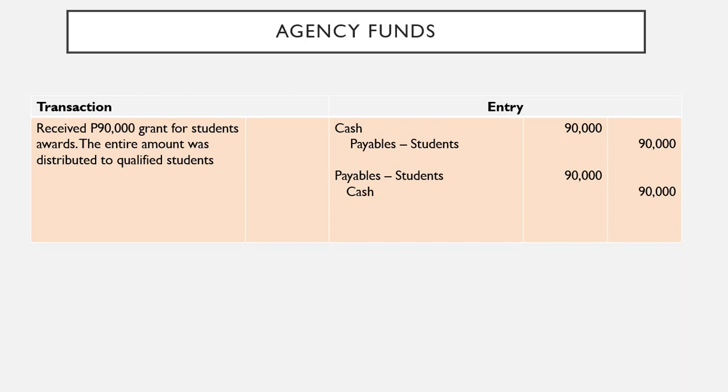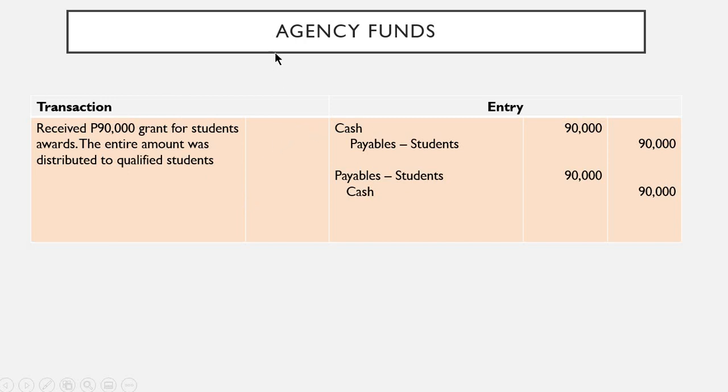Kumbaga parang tinransfer lang sa kanya yung resources na yon para ibigay to third persons or transfer to another person or third person. Okay? So, transaction received 90,000 grant for student awards and the same amount was distributed to qualified students naman.